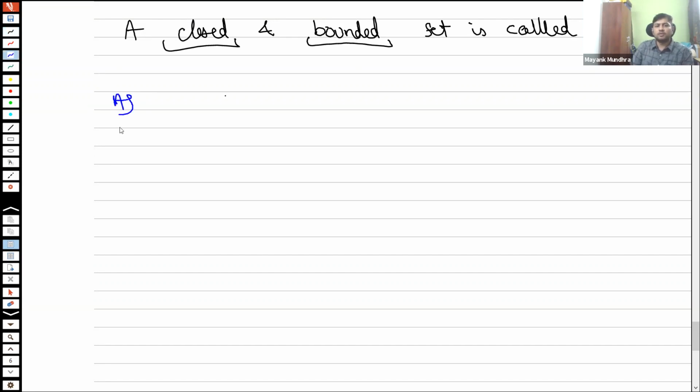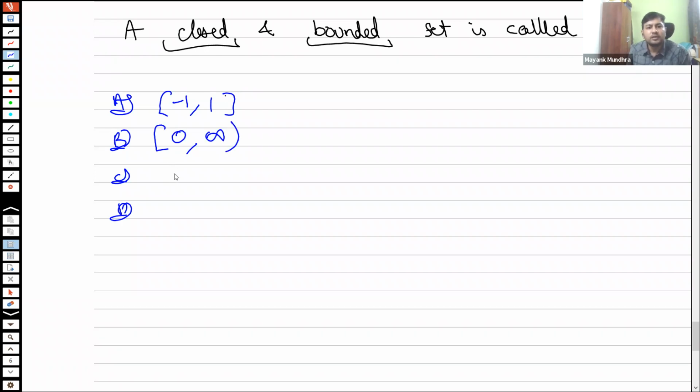So let me give you some options and you tell me which of these sets are closed and bounded. So the sets: -1 to 1, 0 to infinity, negative infinity to infinity, and -3 to 2.